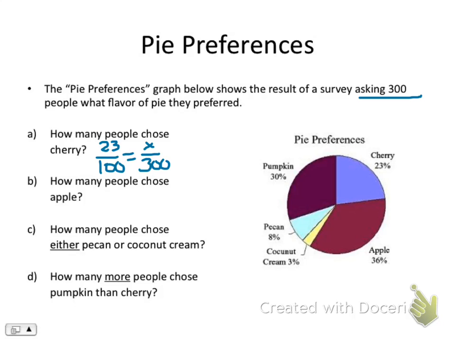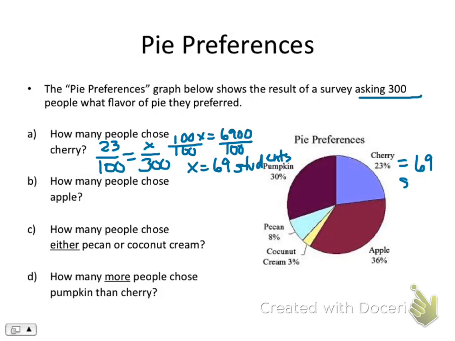So when we cross multiply, we're going to get 100x equals 6,900. And when you divide both sides by 100, x will equal 69 students that like cherry. So 23% equals 69 students.